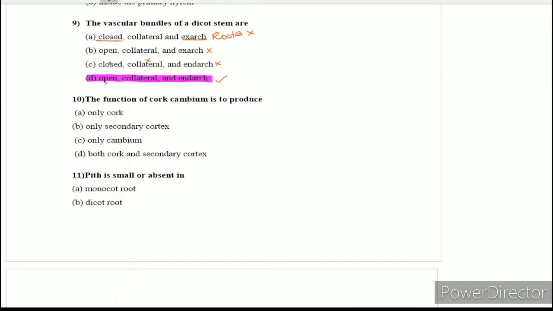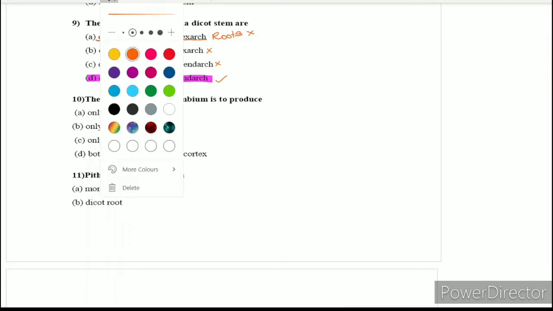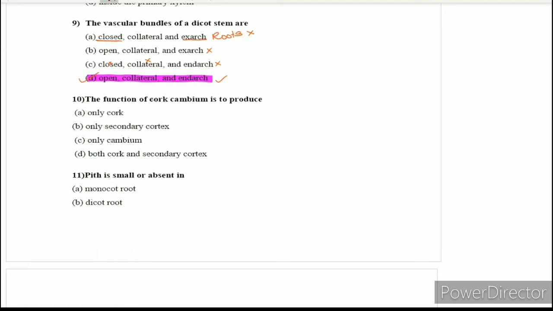Open because it has vascular cambium which facilitates secondary growth. Collateral, xylem is present inside and phloem on the outer side. And endarch means the first formed protoxylem is facing towards the pith region. So option D is the correct one.